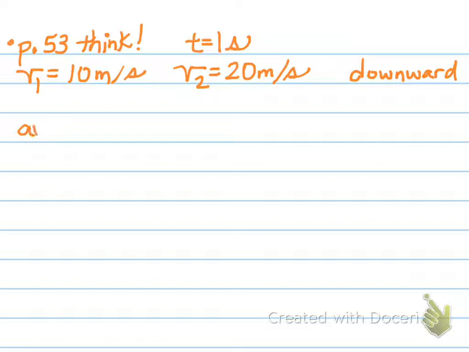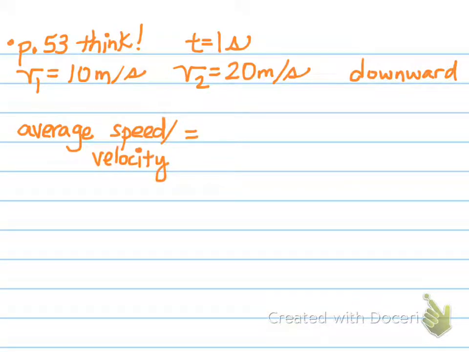So we're going to calculate this average just like we do an average in your math classes, right? Our average speed or velocity, we're going to add up our numbers and divide by the number we have. I'm going to write it as an equation first. It's going to be V1 plus my second velocity, divided by 2, because there's 2 of them.